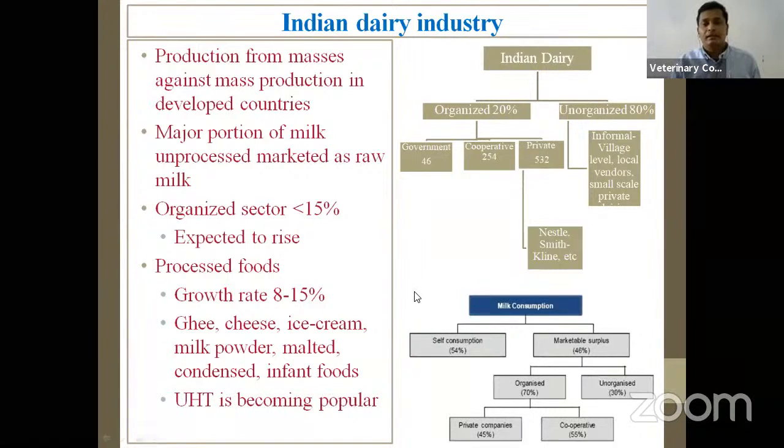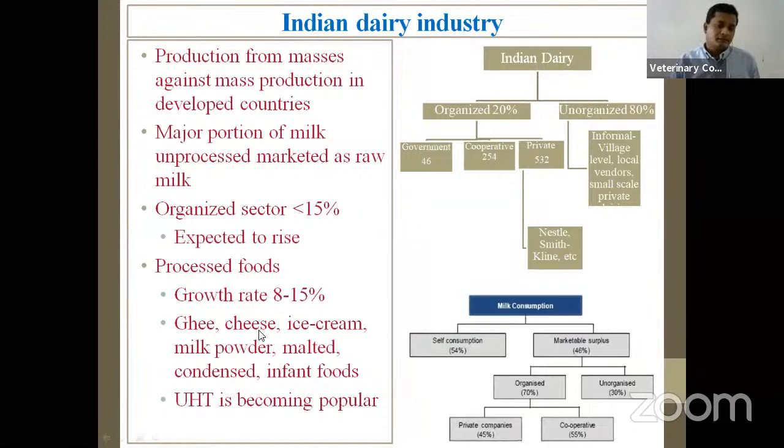India's dairy sector is by and large unorganized. The sector is not organized in the sense that we have a huge amount of milk produced, but it is produced by small players in the sector. However, the share of unorganized is decreasing and the share of organized is increasing and is expected to rise in the future.